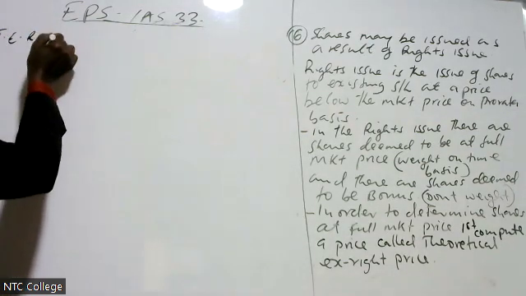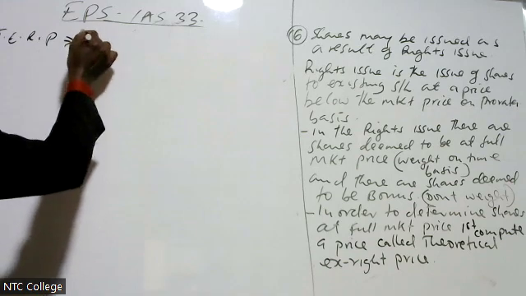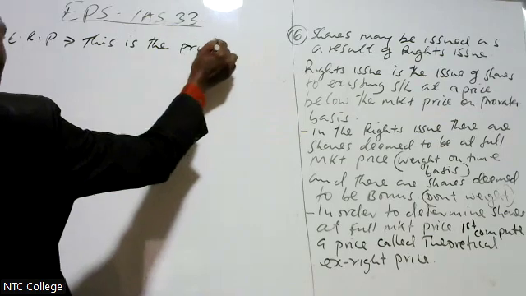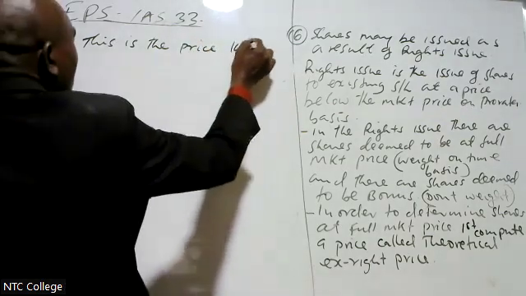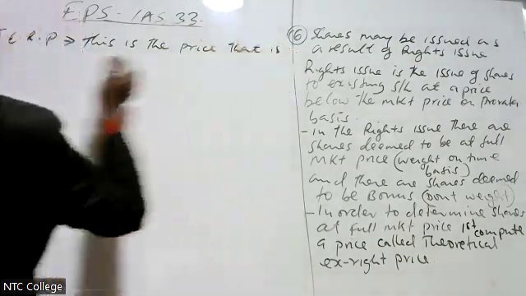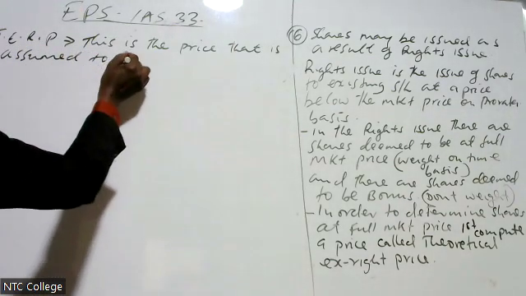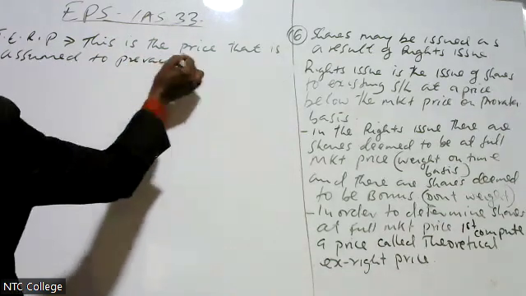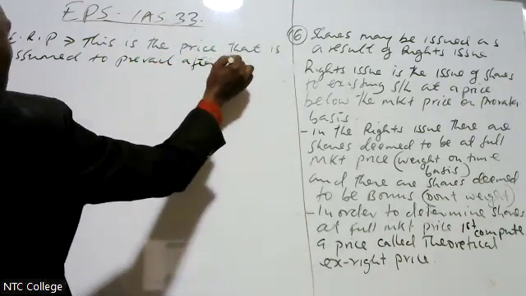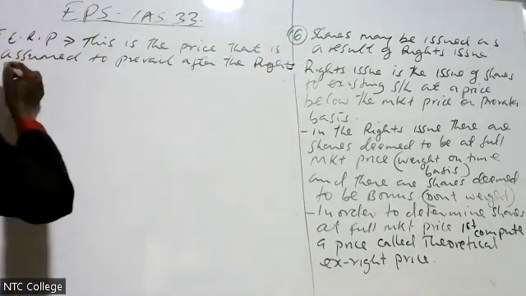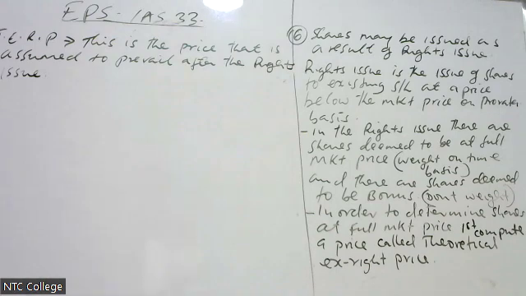Theoretical X-right price, this is the price that is assumed to prevail after the rights issue.